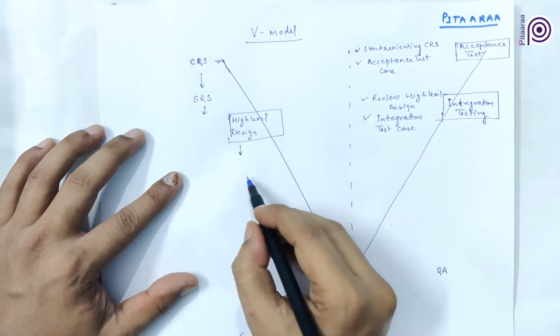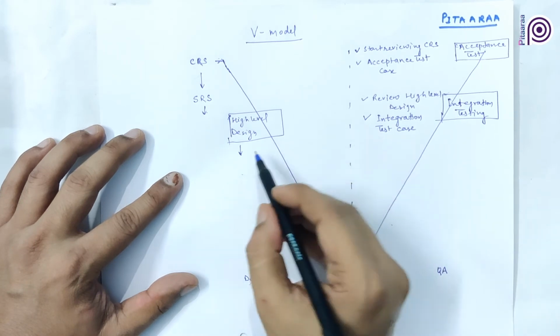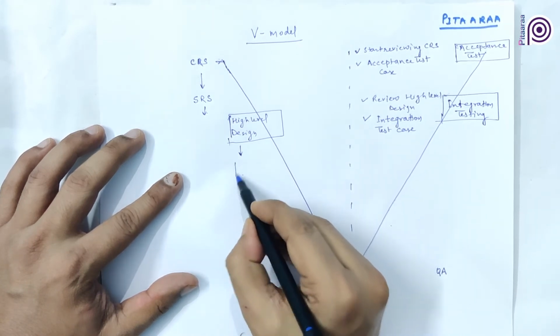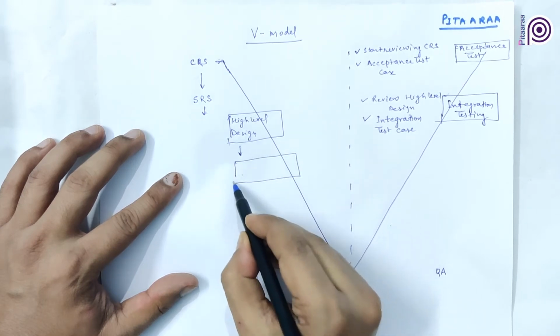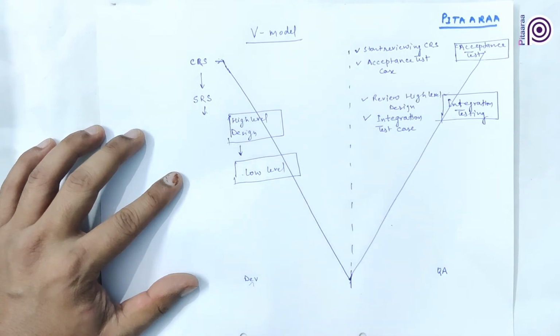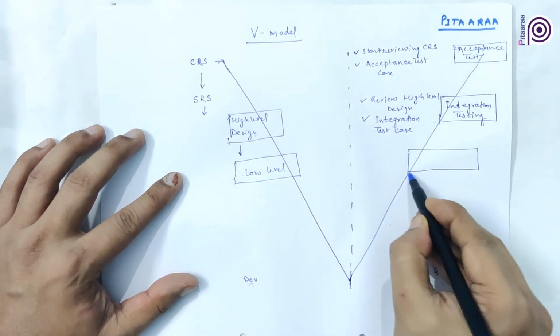Once the high level design is done, the project manager will send this to the senior developers. The senior developers will go through it and convert this high level design to the low level design. Okay, then what will the QA team do in this phase?